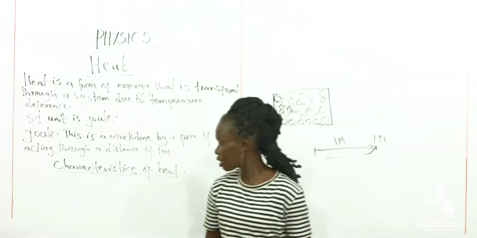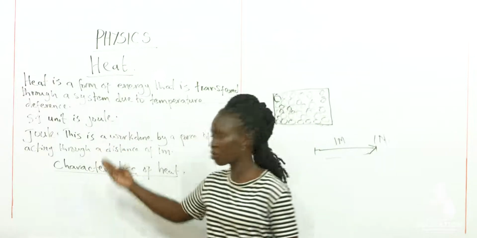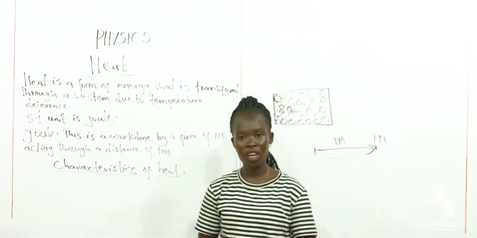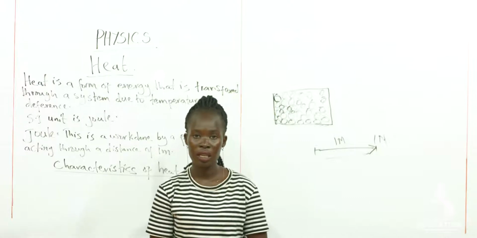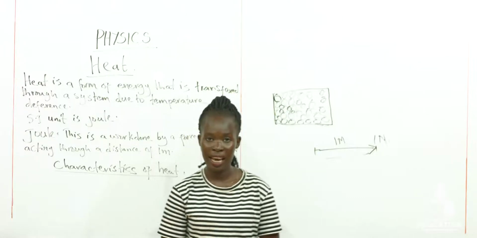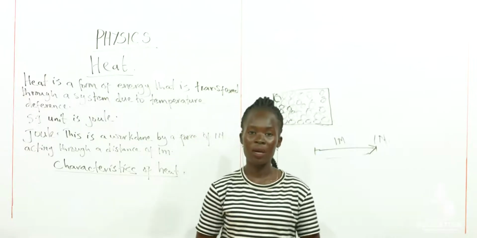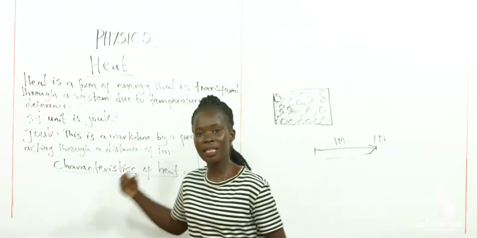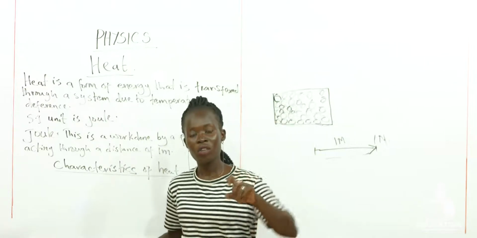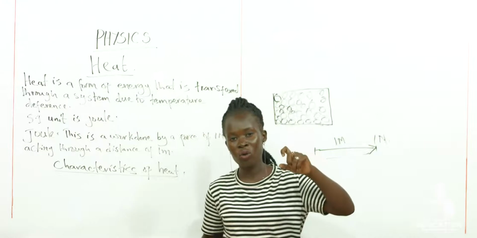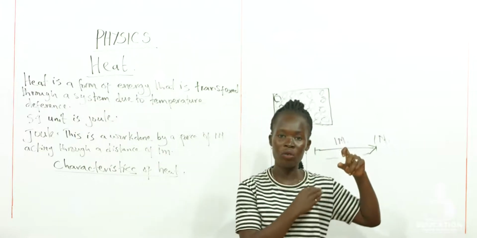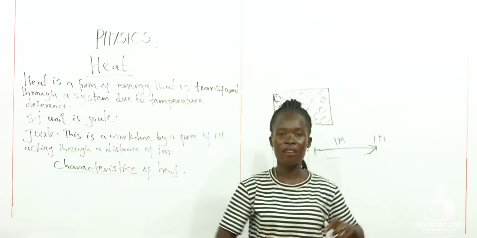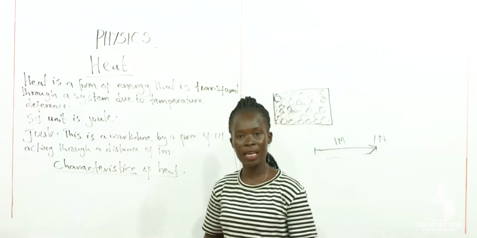So one of the characteristics of heat is that it is generated by the movement of molecules or particles in matter or in any other body. Since this matter is made out of tiny particles, the movement of those particles, bombarding with other particles surrounding them, gives rise to the heat.